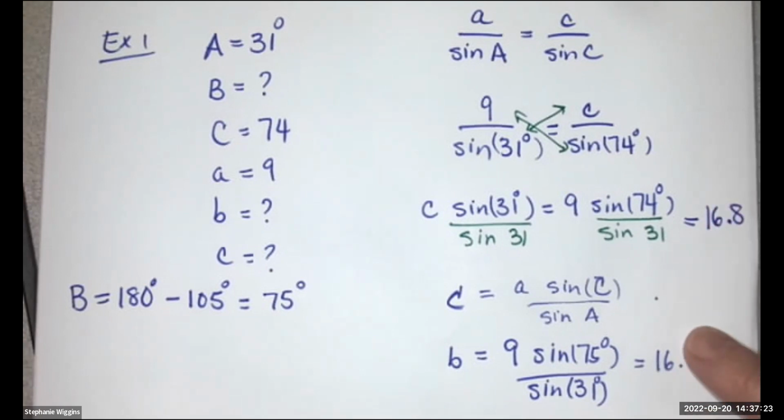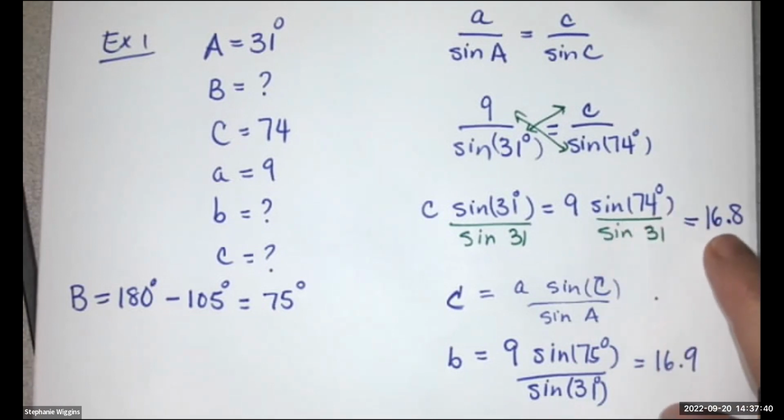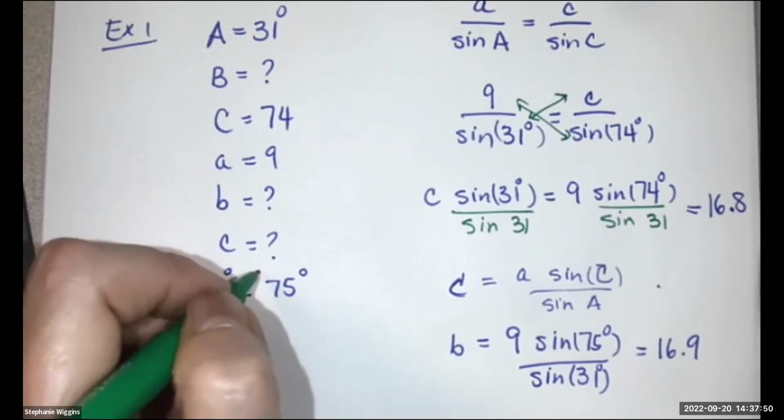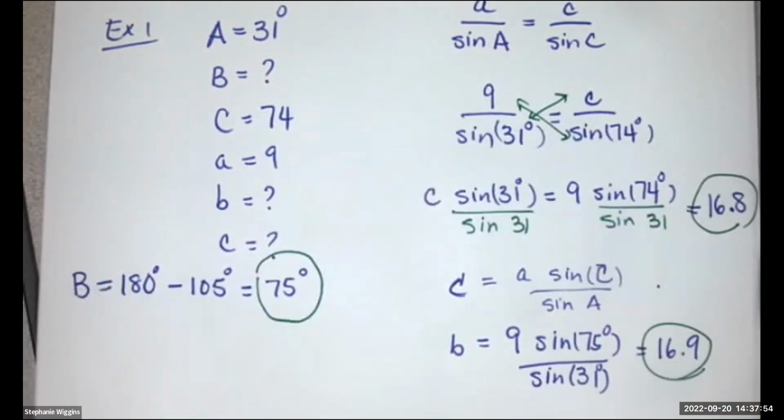B and C are very close. That's because the angles they're opposite are very close. This one's 74 degrees and this one's 75 degrees. So it makes sense that the lengths are going to be really close. The smaller angle is going to be opposite the smaller length. So we got our other 3 pieces of information, the angle B, and then the sides C and B. So we've solved the triangle.